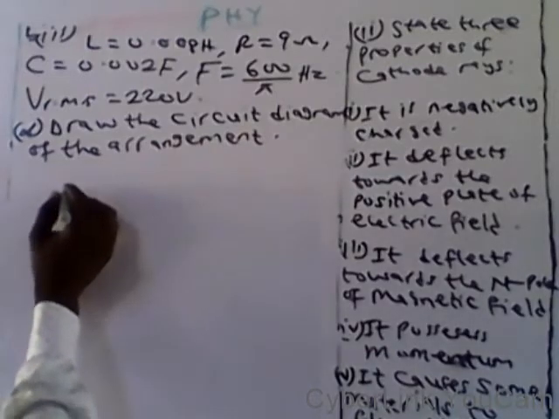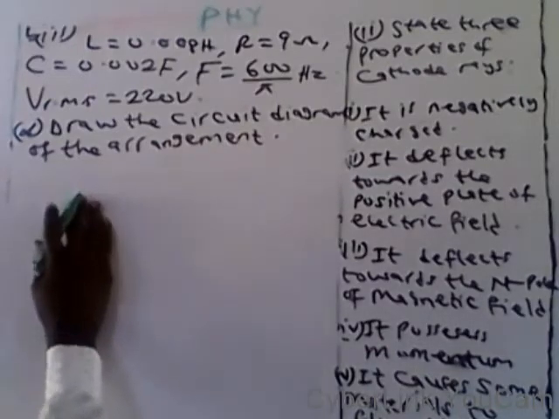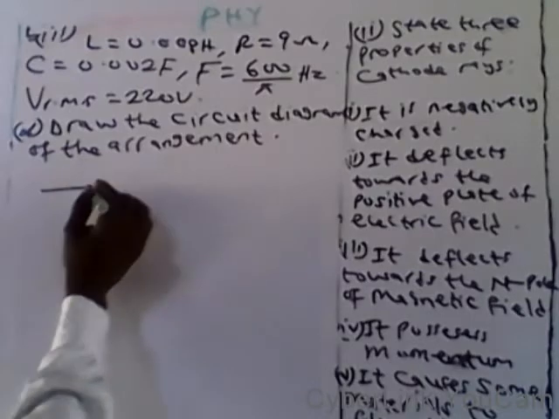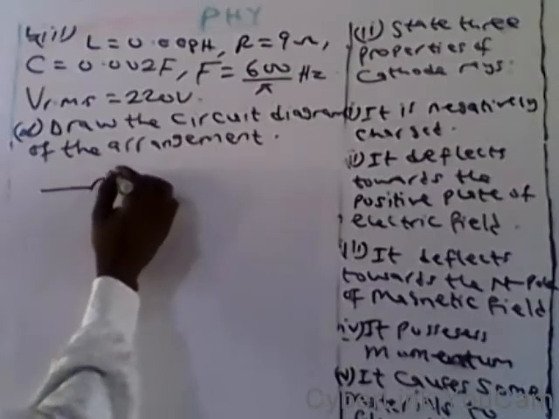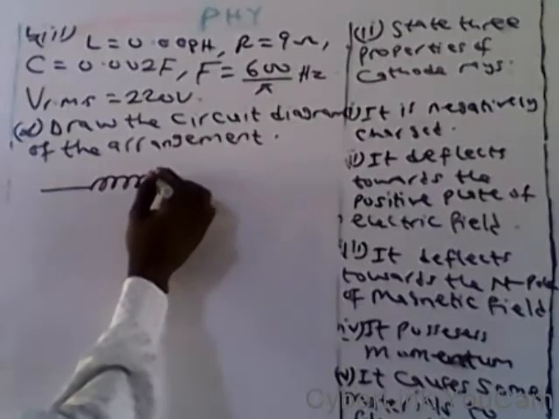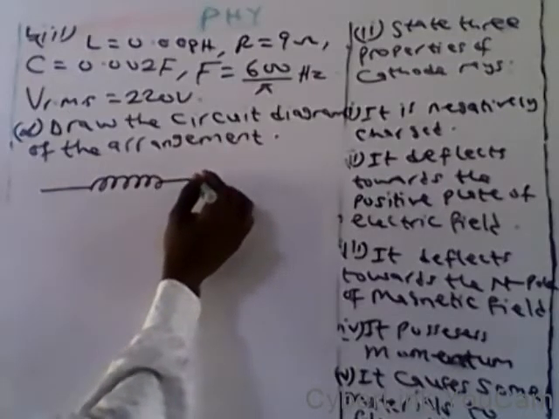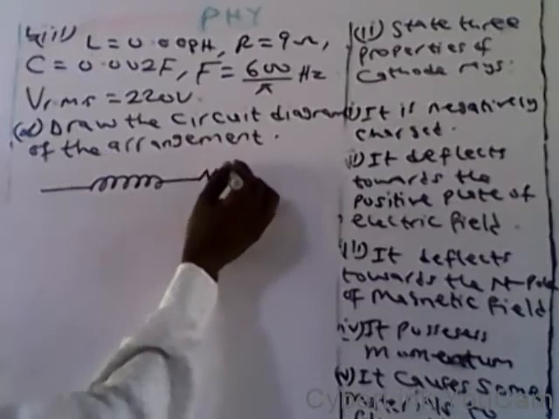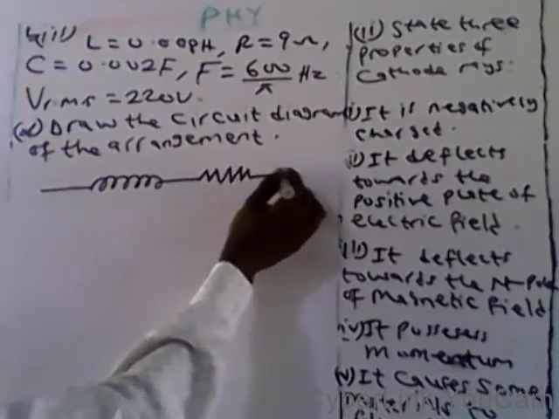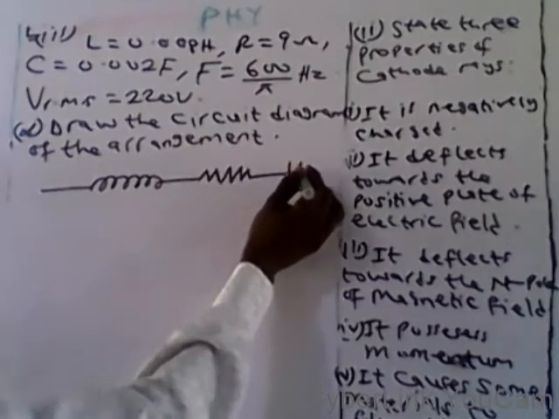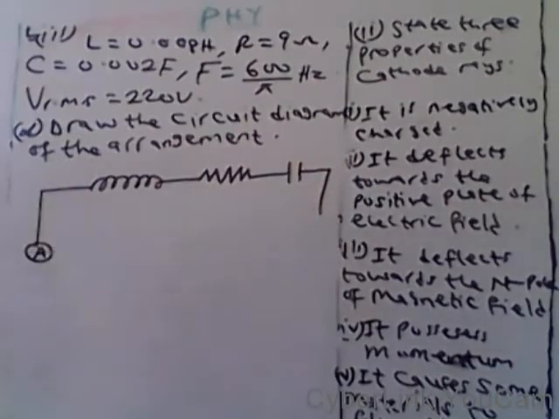So, in this case, because they are connected in series, my inductor is this. I will have my resistor is this. My capacitor is this. I can have my ammeter in this manner.